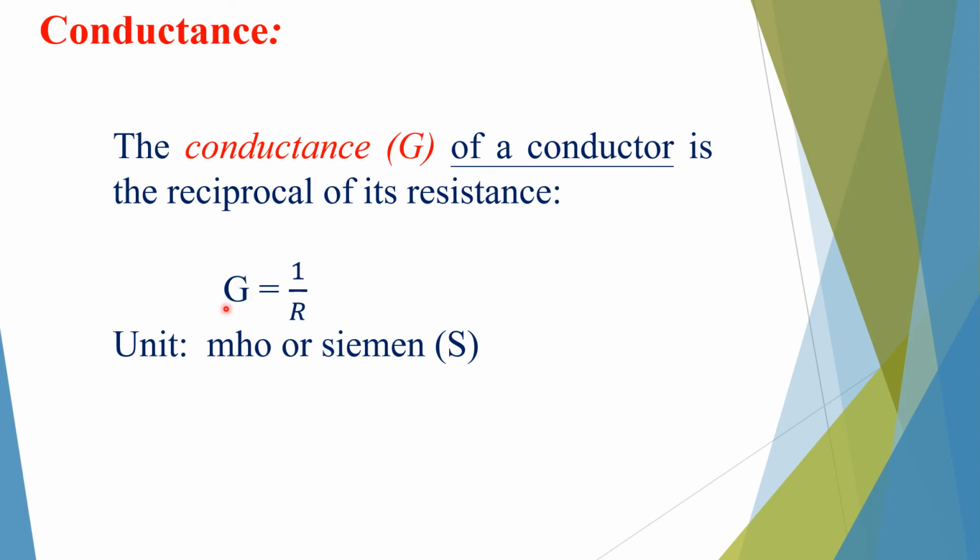In simple wording, high resistance means there is opposition to flow of current, so conductance will be decreased. Minimum resistance means opposition to flow of current is reduced and current can easily flow, hence conductance increases. Unit of conductance is mho, ohm spelled backward, or Siemens.